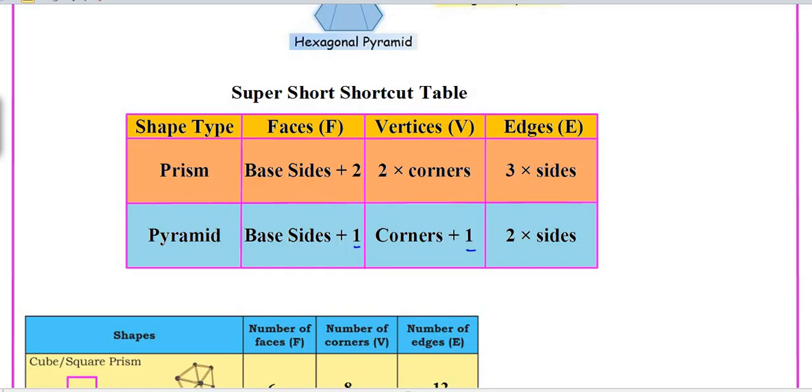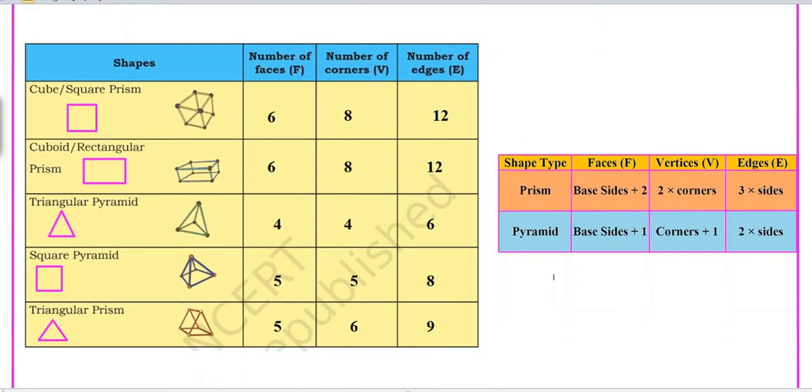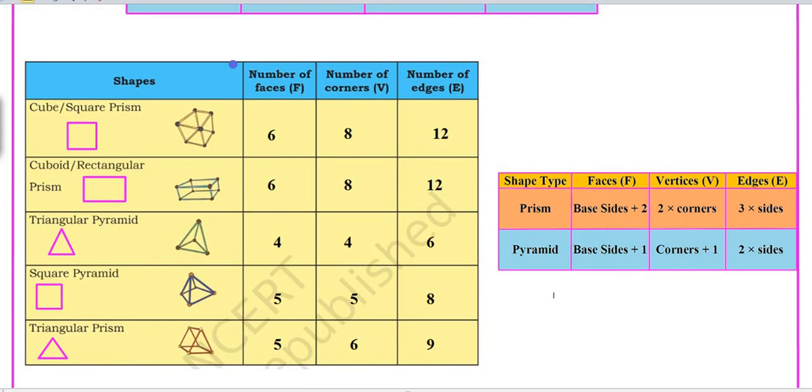Now I will explain this formula with the table. We already discussed in the last video how to find the number of faces, corners and edges. Here we go. A cube is nothing but a square prism. For all three-dimensional shapes, we take only the base. What is the shape of the base? Square prism: the base is in the form of a square.